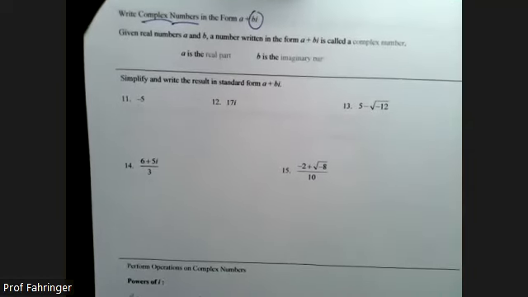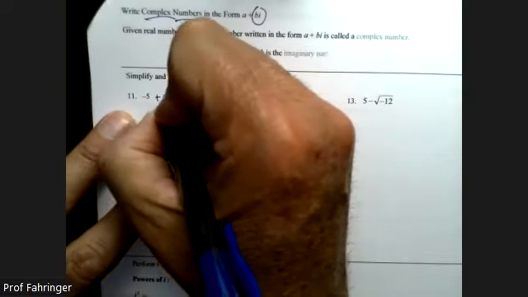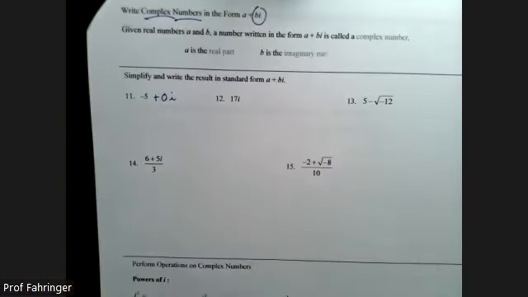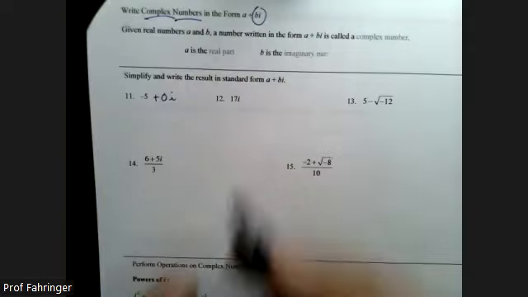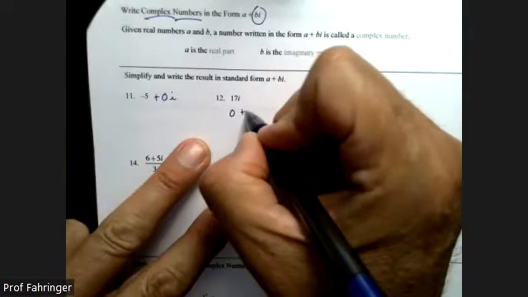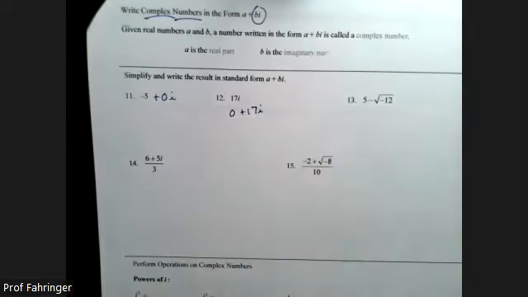So if I start taking a look at some of these, I say, oh, this is -5 plus 0i. Complex number. It's a real part and an imaginary part. This one's a real part, 0 plus 17i. And we don't do much with it, but it's just to show that everything can be written as a complex number.